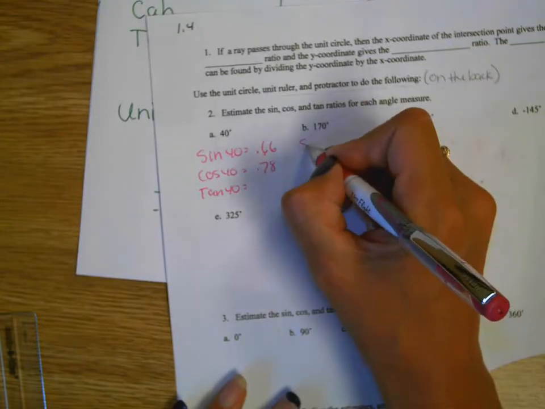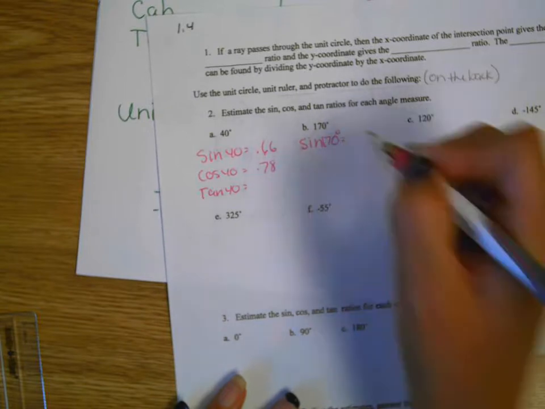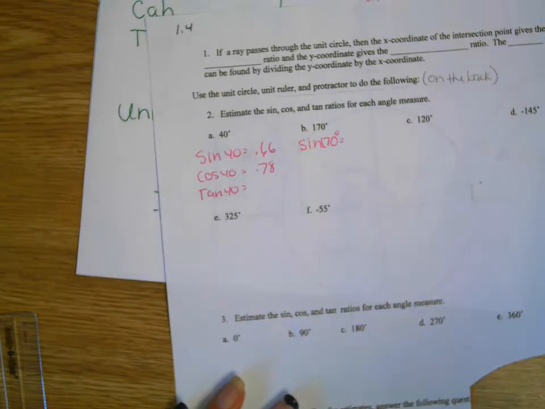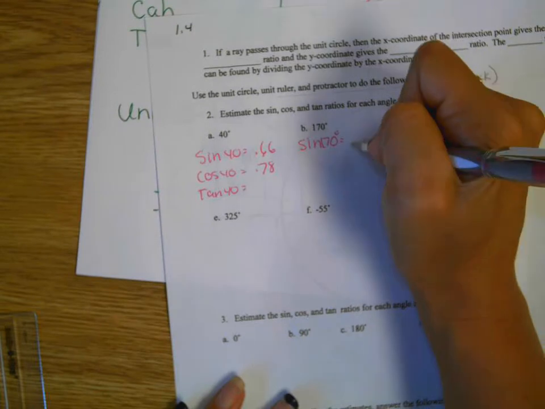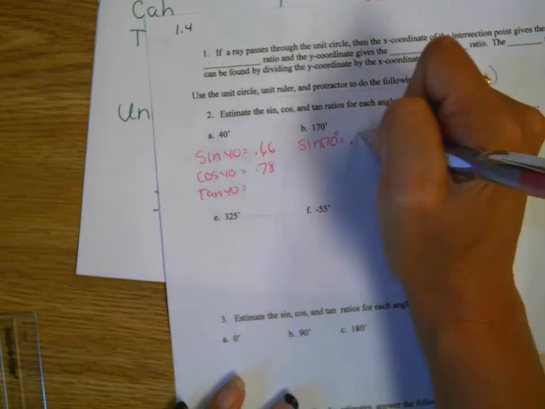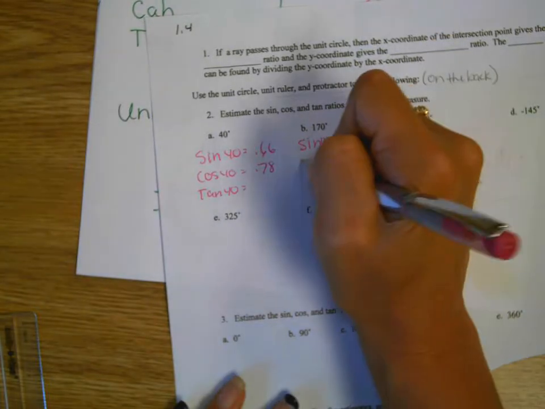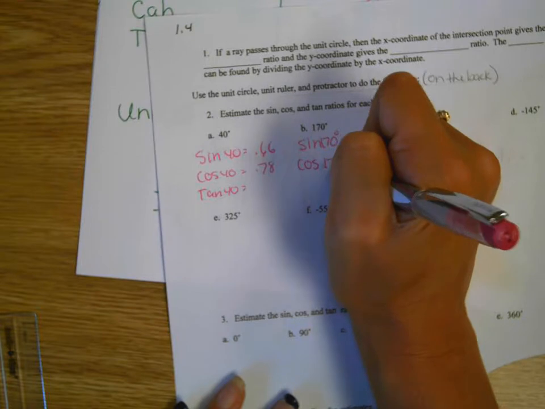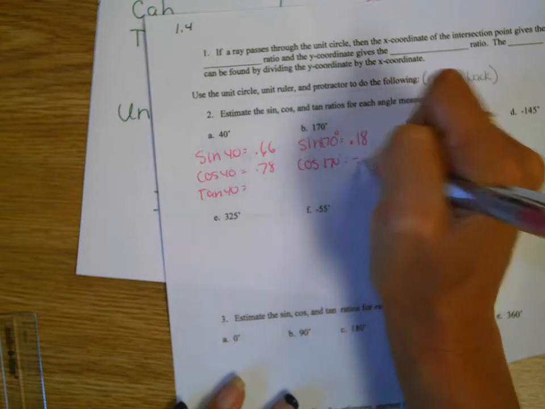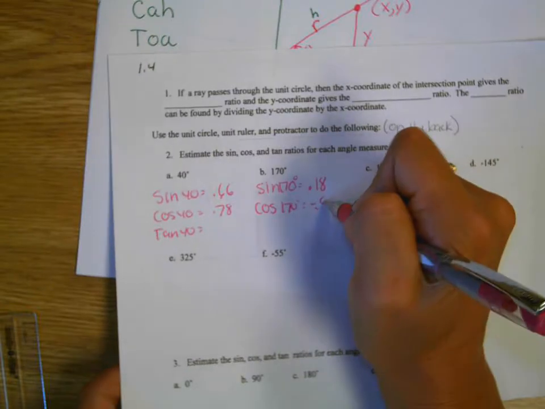I want the sine of 170 degrees. What is sine attached to again? Sine is x or y? Y. What was my number? 0.18. I think it was 0.18. Up was positive. Yeah. Cosine of 170? Negative 0.94.